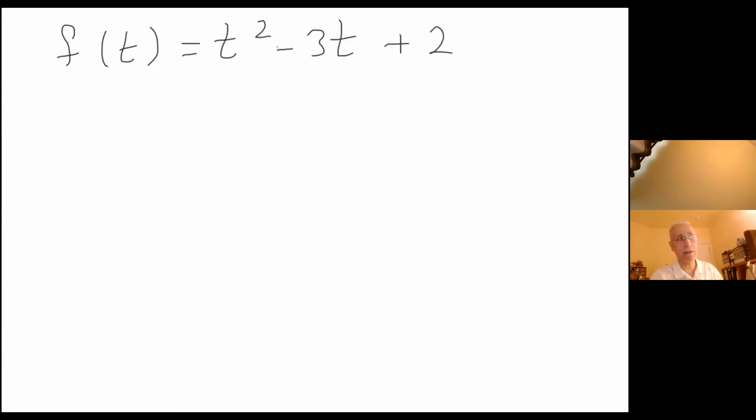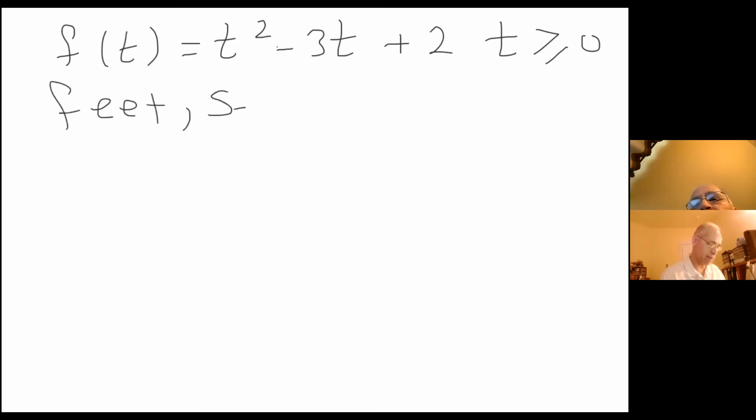So we have a particle moving according to this parabola. Since we usually don't deal with negative time, say that t is greater than or equal to 0. And let's say that the units are feet and seconds.